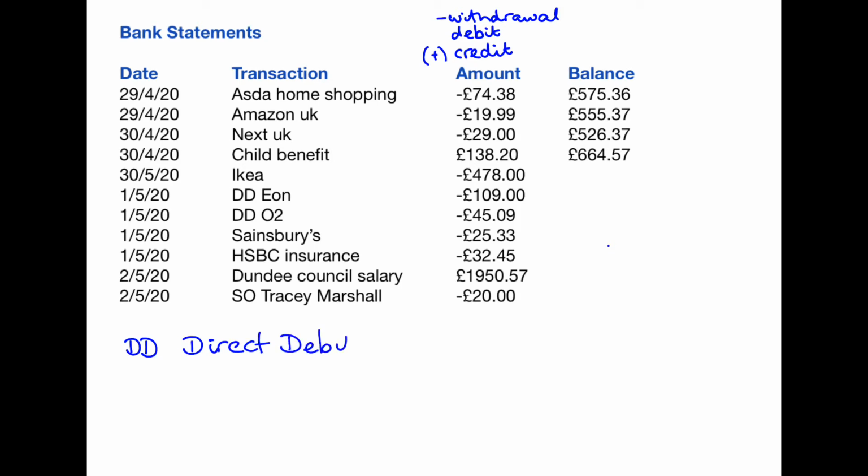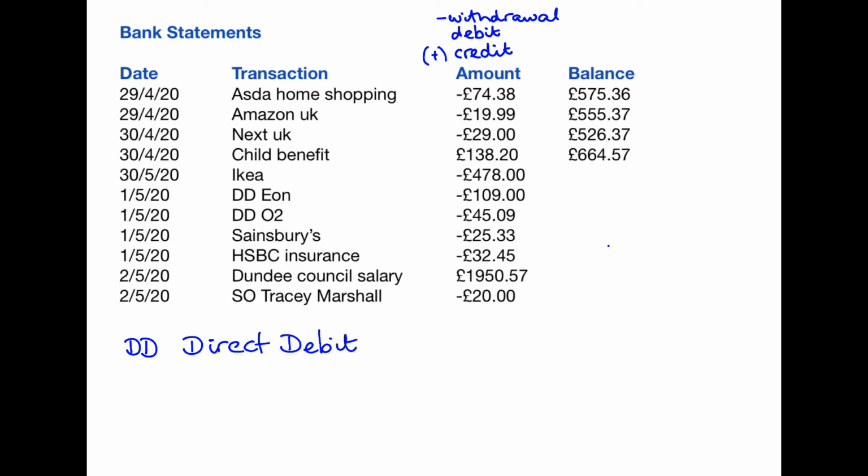What that means is the company is in control of taking that out of your account every month. You sign something that allows them to do that. So for example, if it's gas or electricity, that's often the same every month, and then they just review it every so often. But your phone bill might change every month, but you don't have to do anything about it. The company takes charge of that.